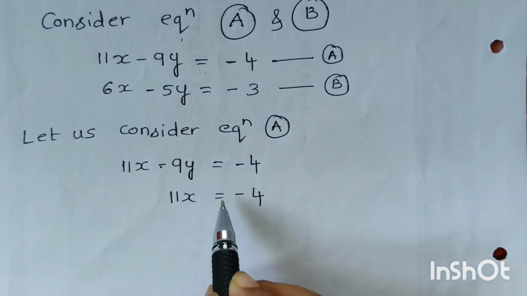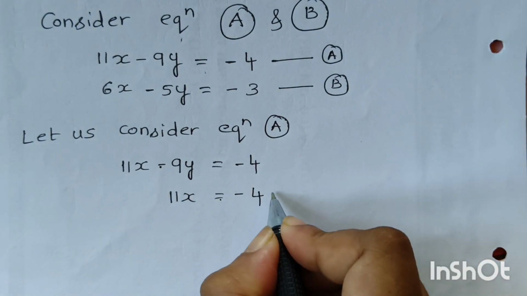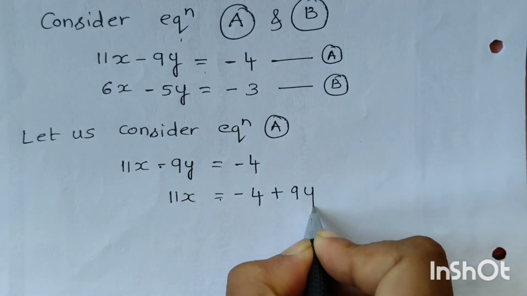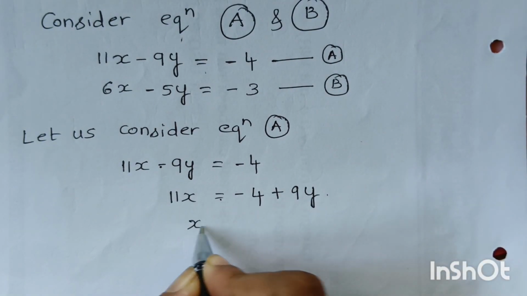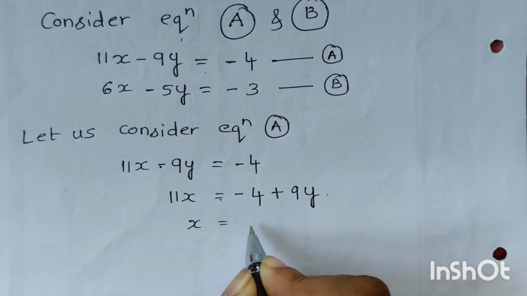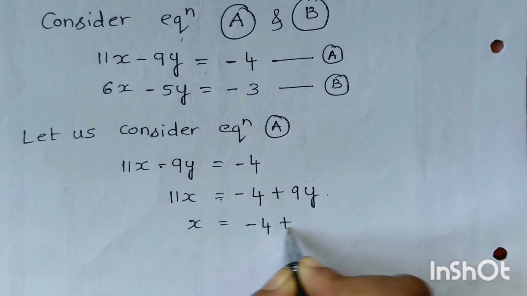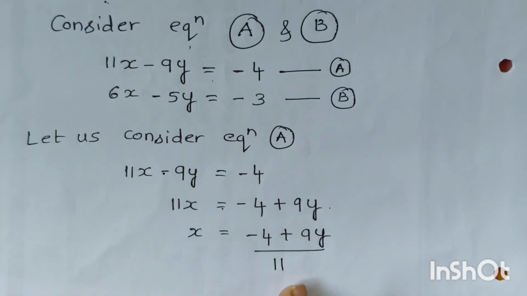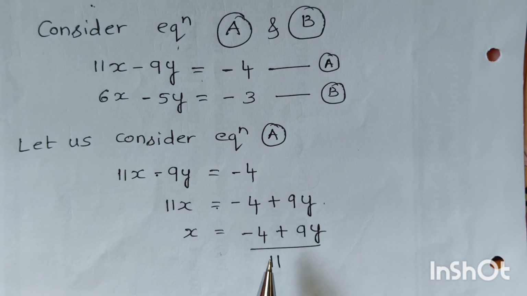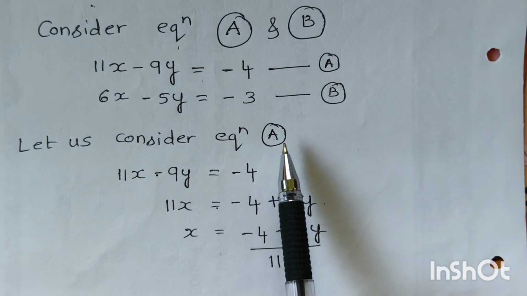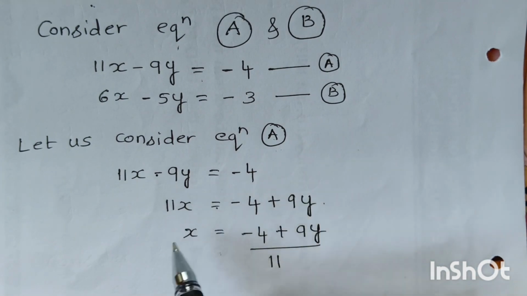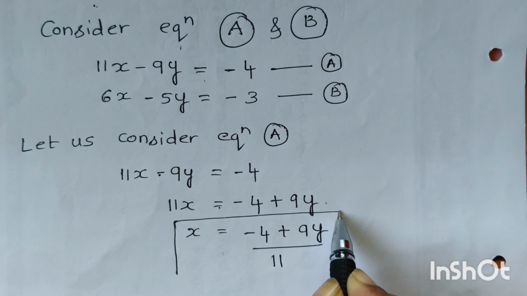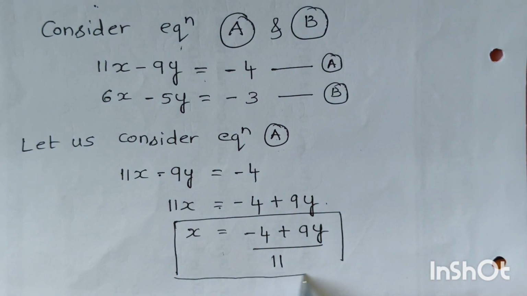This minus 9y, when it crosses the equal sign, becomes plus 9y. x is equal to (minus 4 plus 9y) divided by 11. We got the value of x from equation A. Let me consider this as equation C.